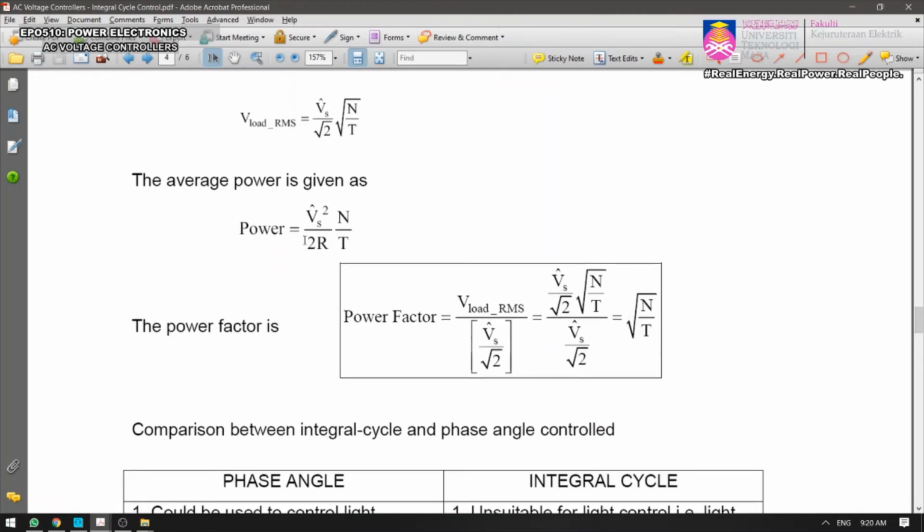Okay, and finally the power factor. You just simply take output divided by input, V load RMS over V peak over square root 2, and you can find that the power factor can be determined by simply the square root of n over t.